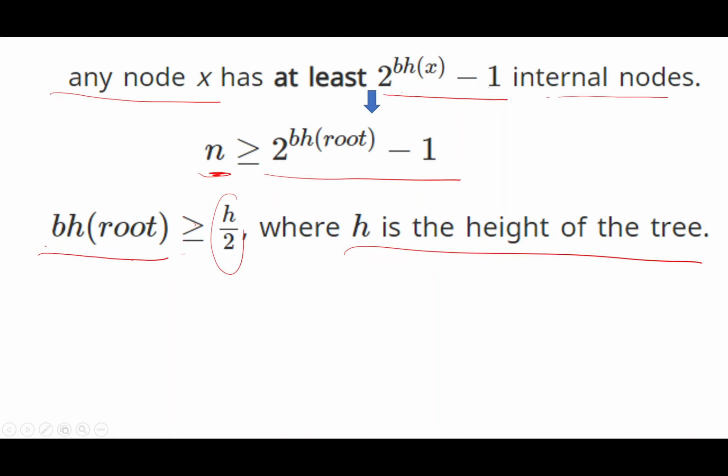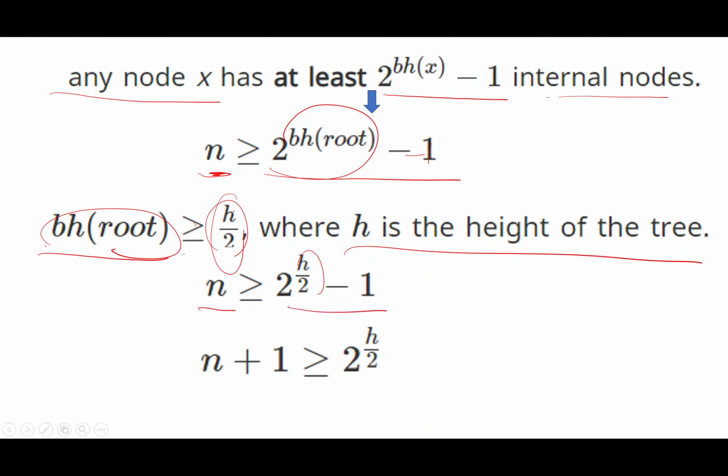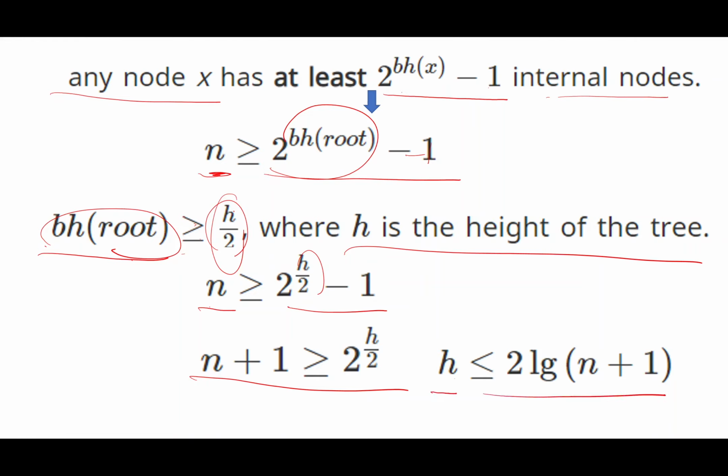Combining these two, we have n larger than this plus 1, this larger than h divided by 2, so n larger than this, and this becomes this, and we can conclude h is less than this. So we proved this property.